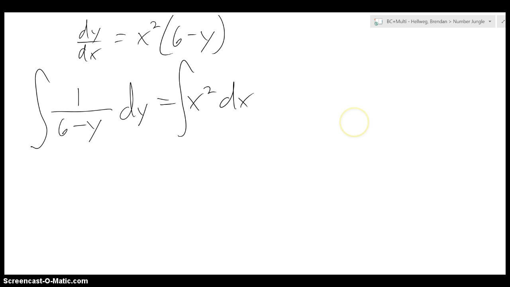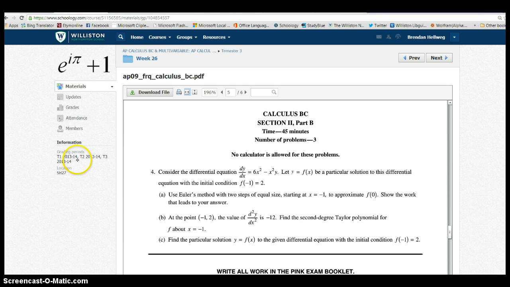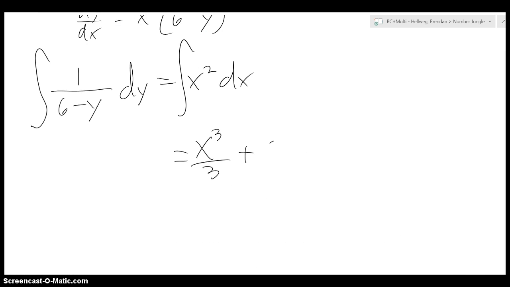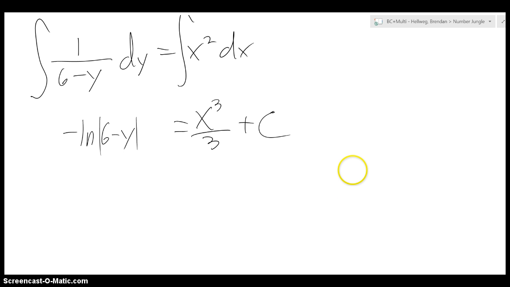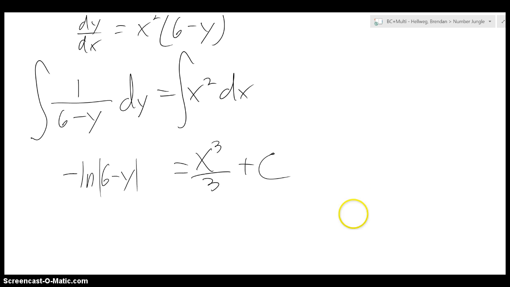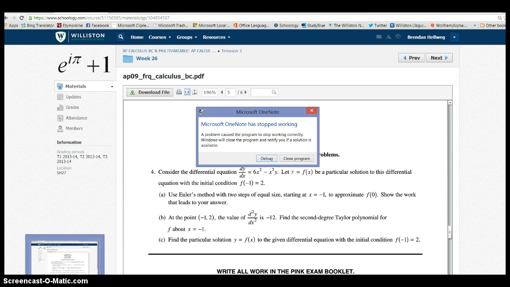And what we're going to get there is x cubed over 3 plus c equals minus ln of 6 minus y plus c. Alright, so from there, great, beautiful.